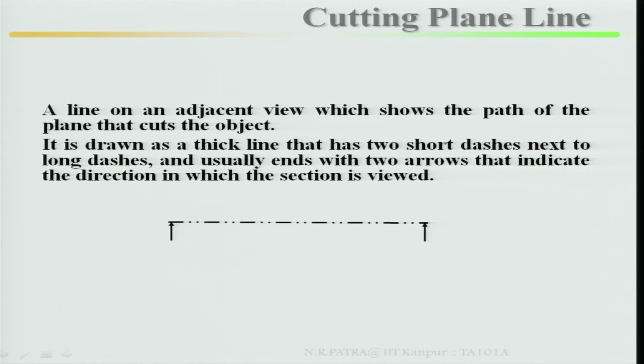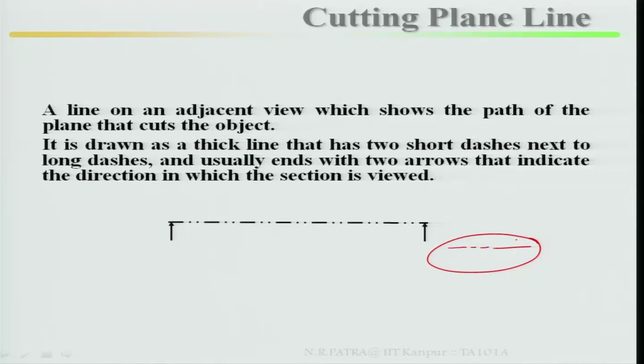If there is an object, generally what we are going to do, it says two short dashes next to long dashes. This is long, one short, second short dash, then another long.